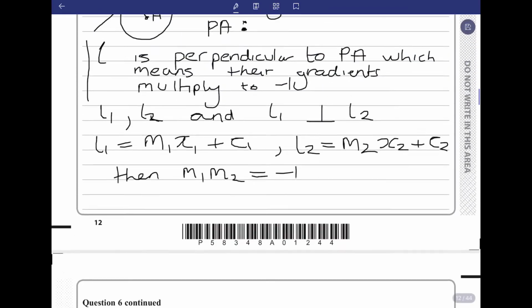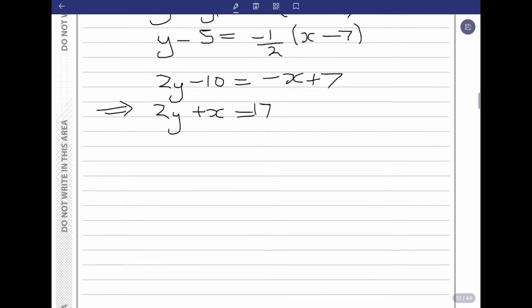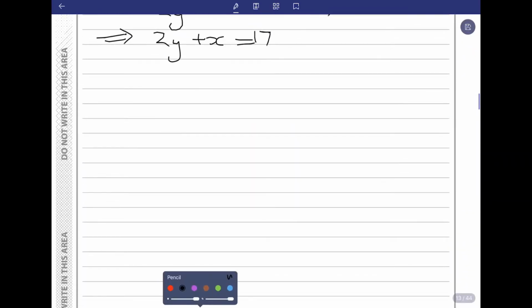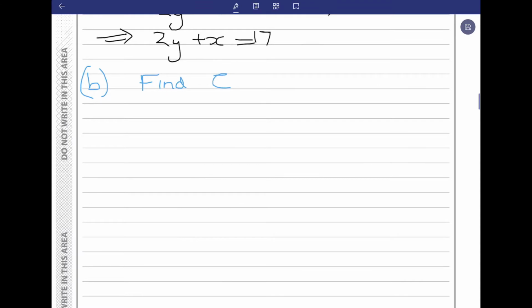Now, find an equation for C. So part B, find C. Before we do that, let's write down the equation of a circle.